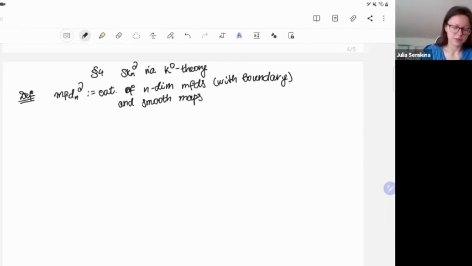And now I need to define what are these two subcategories of cofibrations and cofiber maps.